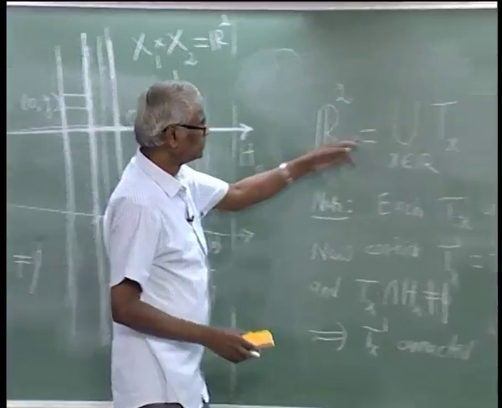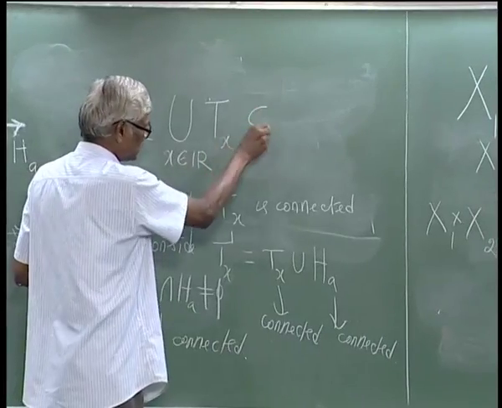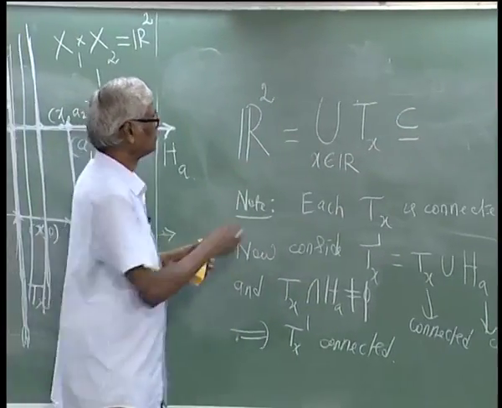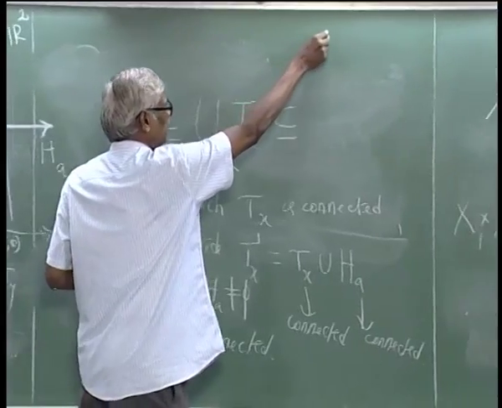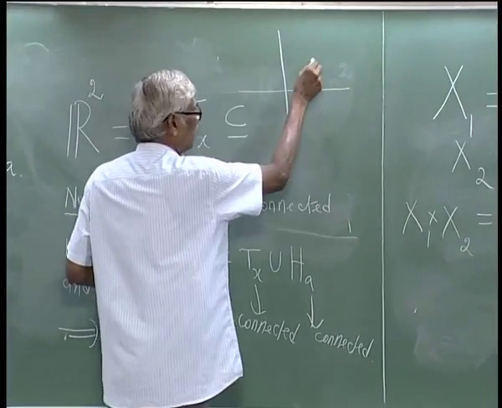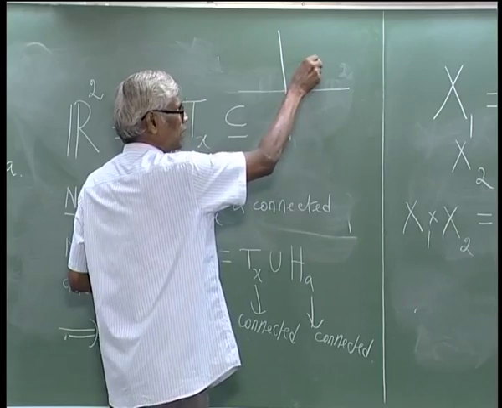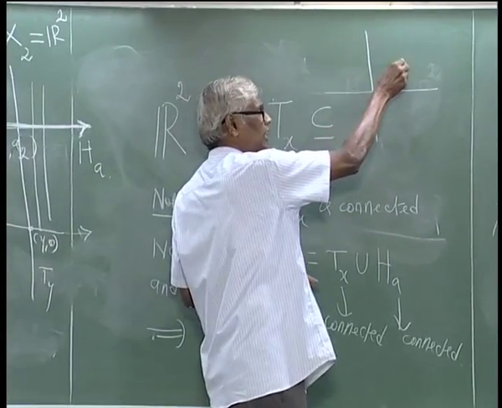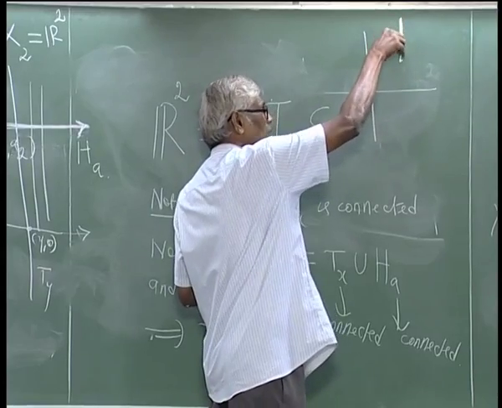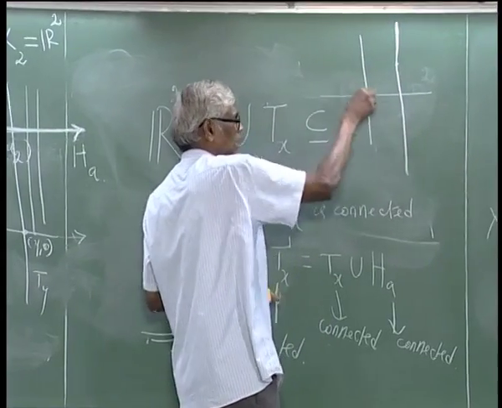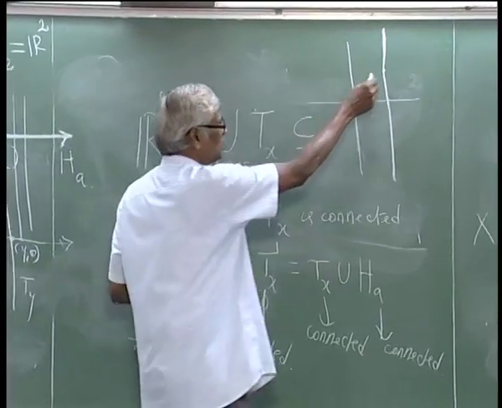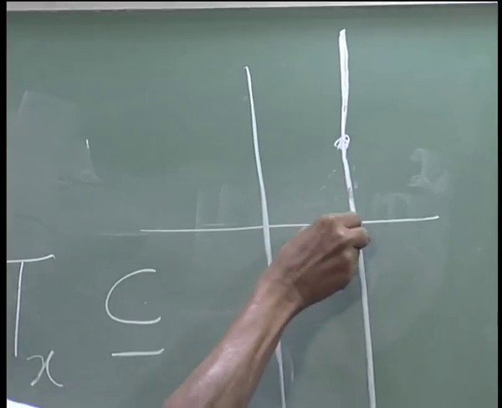Now, this is in fact a subset of R2. Why? If we take any arbitrary point, draw a line passing through it and parallel to the y axis, it will intersect here.